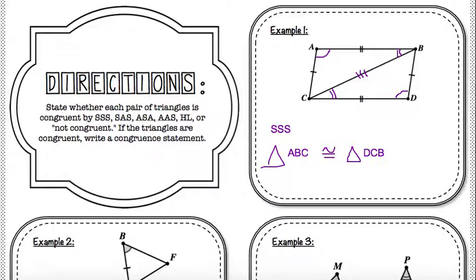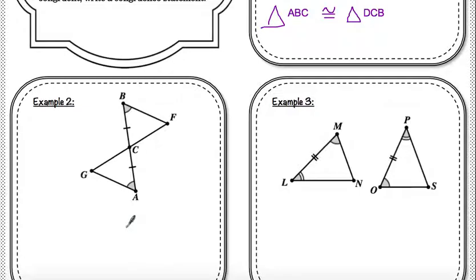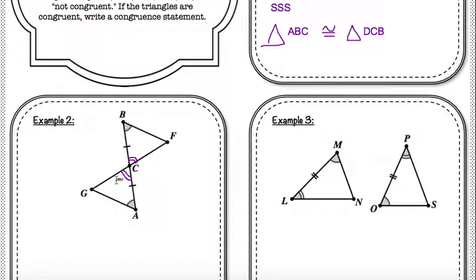All right, let's look at another example. Example 2 has vertical angles. So I'm going to mark those with 2 curved marks like this, because vertical angles are congruent. And then I'm going to look and see, kind of in a circular motion, which angles are congruent and which sides are congruent.